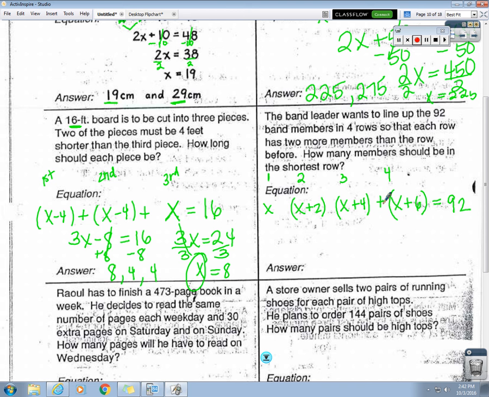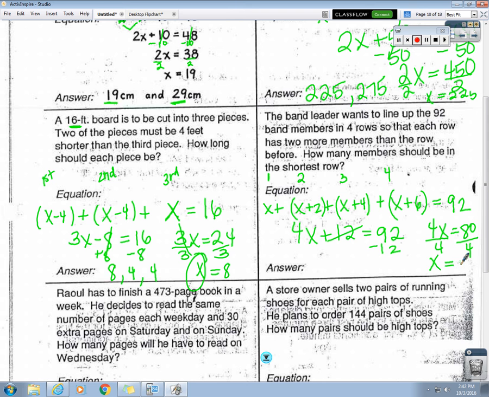Now when you add up all 4 rows, it equals 92, and it equals 4x plus 12 equals 92. And now what do you do? Okay, and you'll get 4x equals 80. Because you had to subtract 12 on both sides, and then divide by 4, so x equals 20.